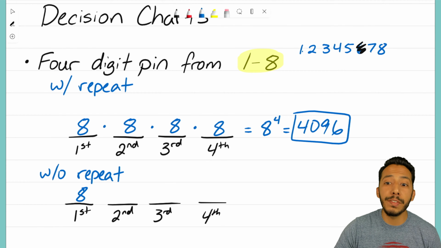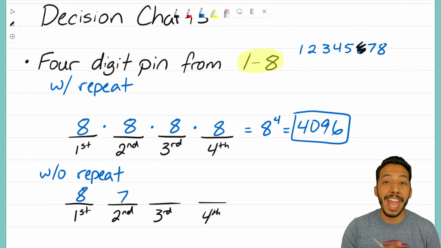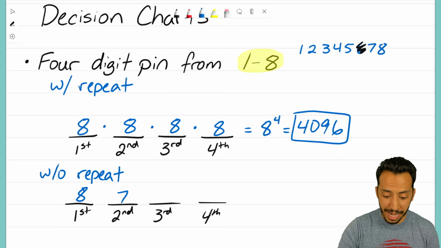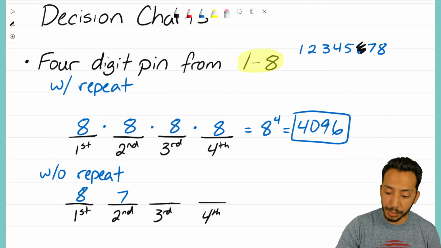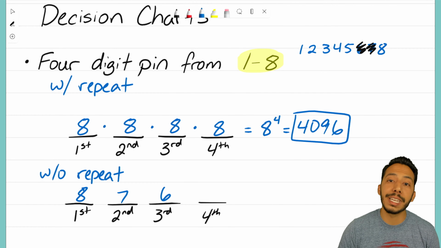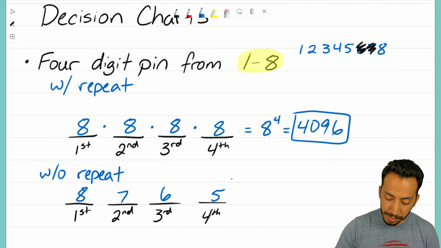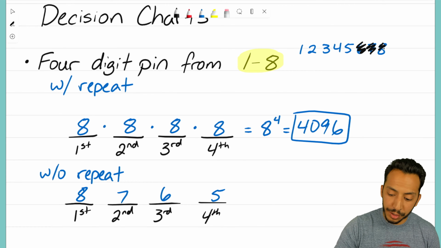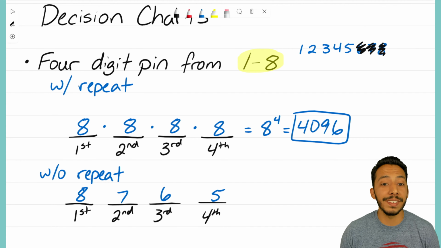So now I only have 1, 2, 3, 4, 5, 6, 7 possibilities to choose from because I've eliminated one of those possibilities. And you'll notice that when I get to the third number now, I've chosen a second number. Maybe I chose the 7. Now I'm only left with 6 numbers to choose from. And you probably can figure out if I pick that third number, I only have 5 left.